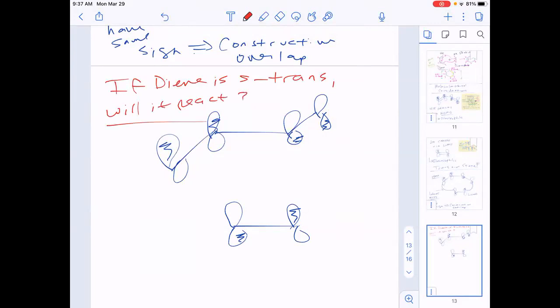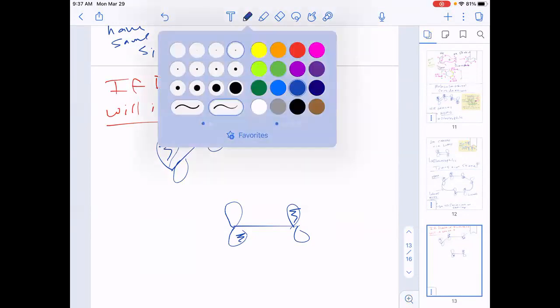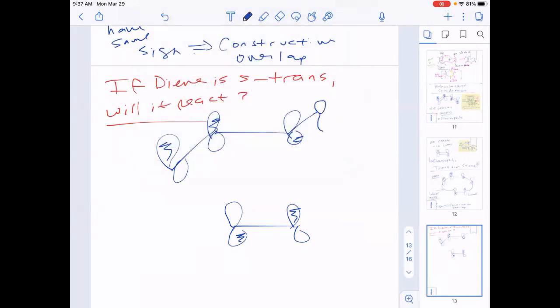All right, so what do you think? If my diene is S-trans, do you think it's going to react? Would you say no because it'll be too far away for them to overlap? Yes. Now you definitely just earned lunch. That's exactly right. This side can overlap, that side overlap is fine.